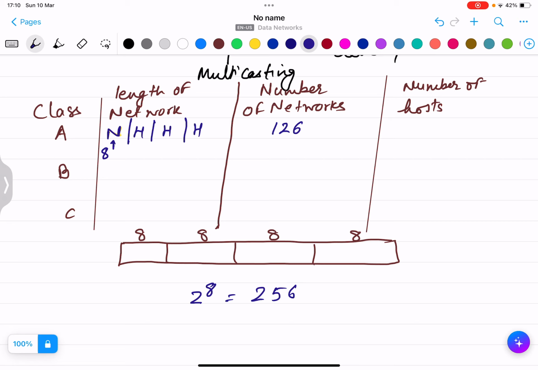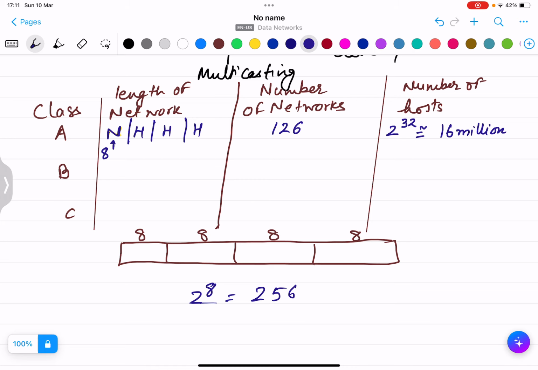Okay, so depending upon the class, some of the bits are restricted for a particular class, identifying the class. Okay, we will come back to it. So the number of hosts are basically the remaining bits, which is 32 bits. So it's 2 raised to the power 32, and it's approximately somewhere around 16 million.